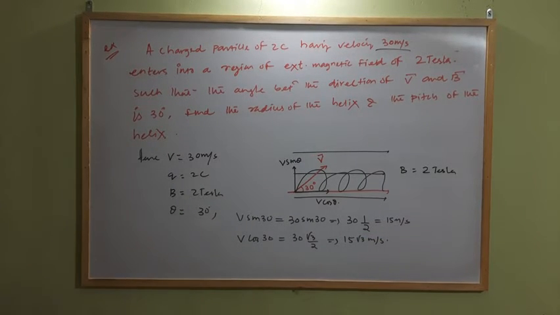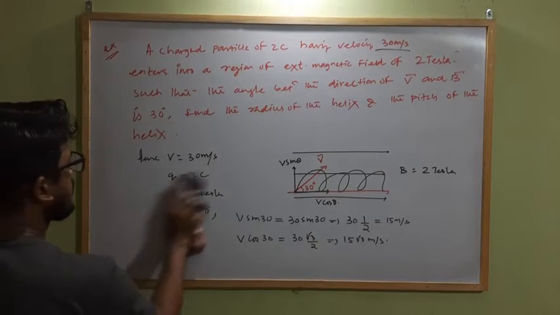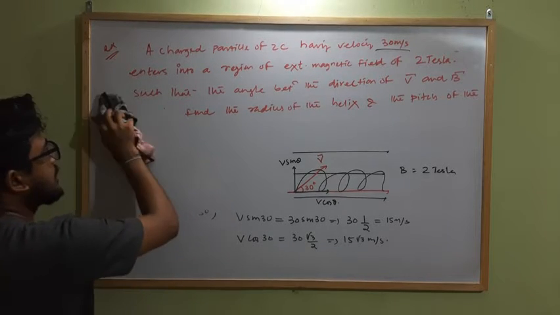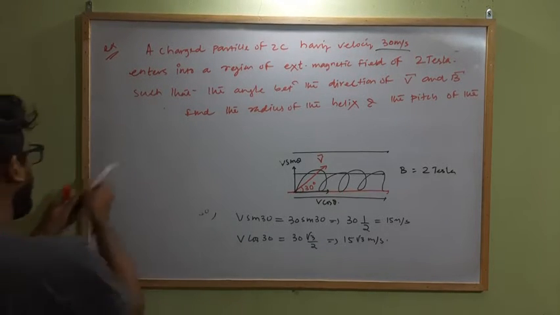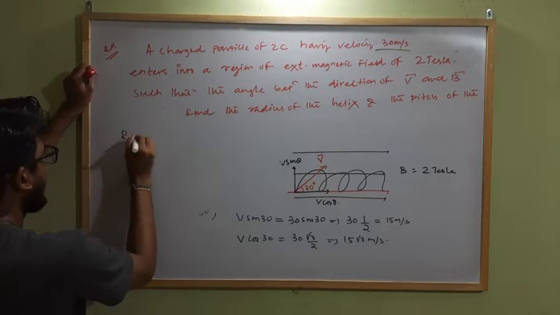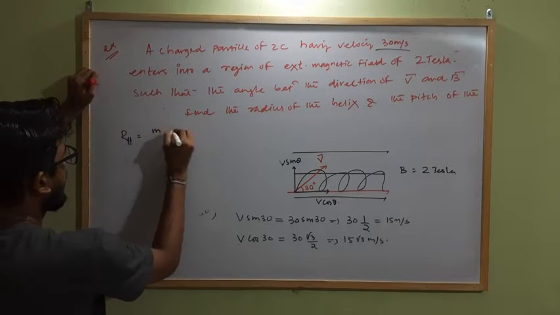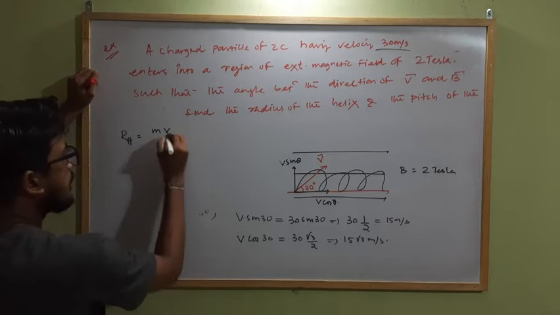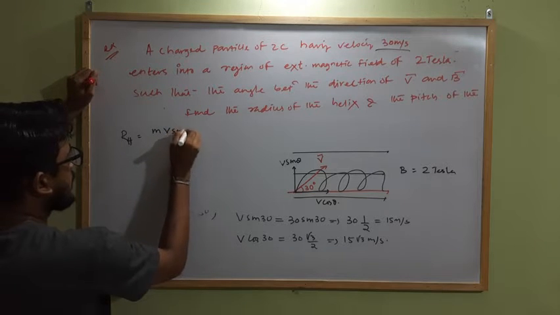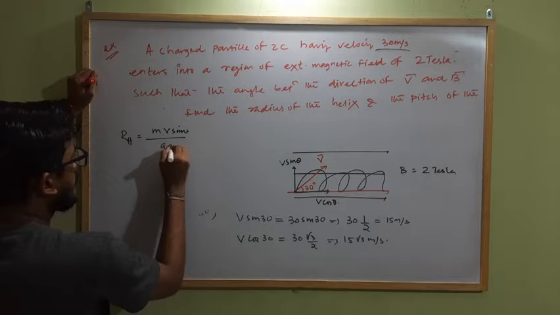So as we know, the value of the radius of the helix R_H is equal to m v sin theta by qB.